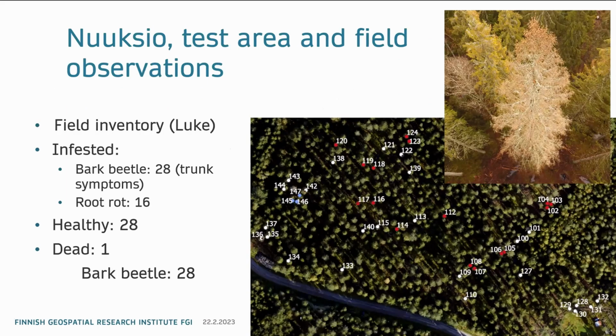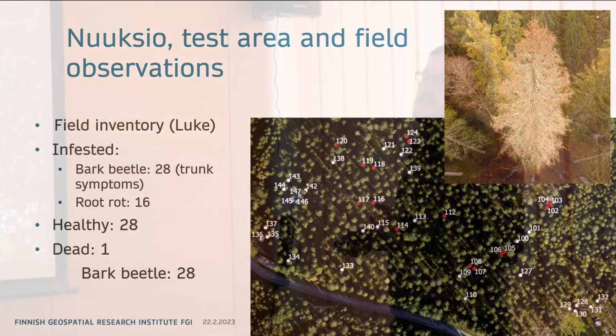In this case, the field inventory was done by Luke, and there were 28 bark beetle trunk symptoms found, and in this area we also had other biotic stress for the spruces, root rot.